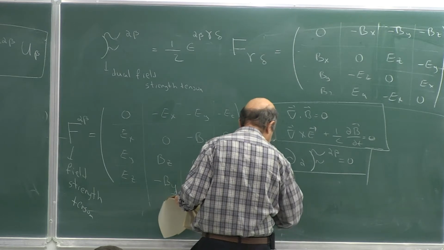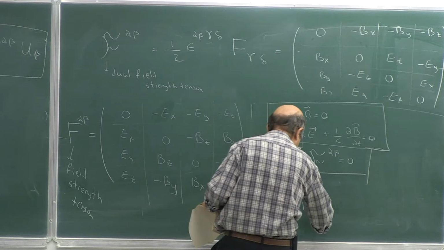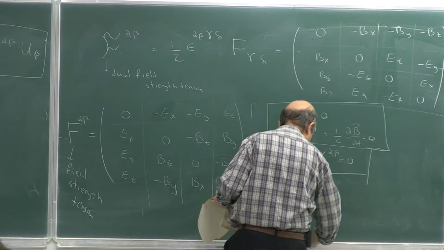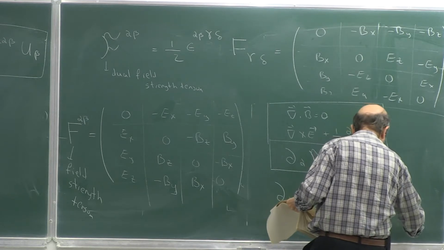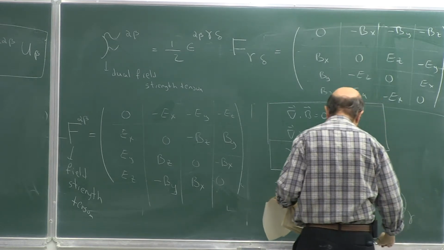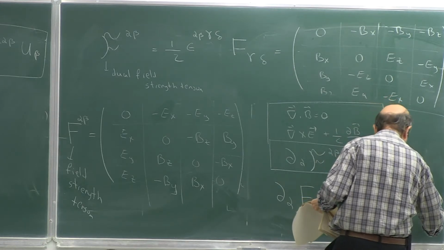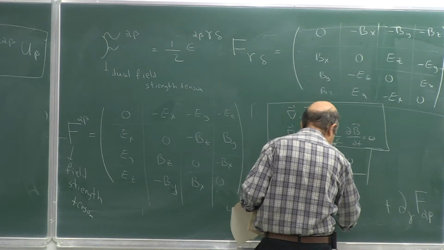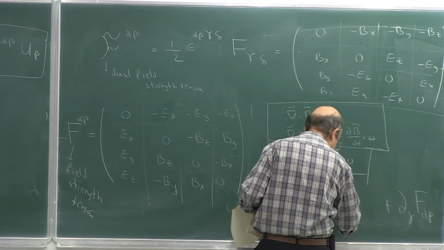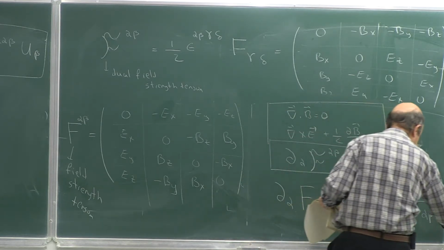Del alpha F beta gamma plus del gamma F alpha beta plus del beta F gamma alpha is equal to 0.